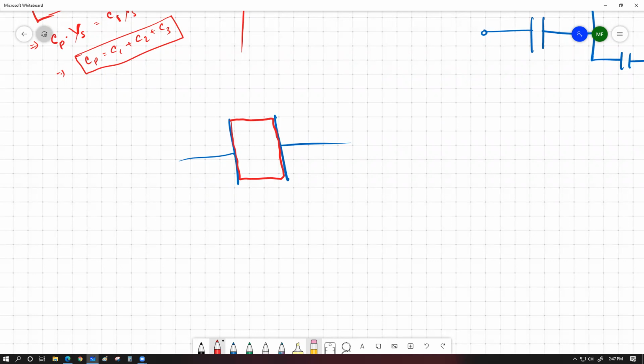However, one thing that you need to understand: if we start to apply voltage across this capacitor, let's say we're going to increase the value of the voltage. We are going to charge this positive plate to a high positive voltage, and this is going to be a high negative voltage, and so on and so forth.